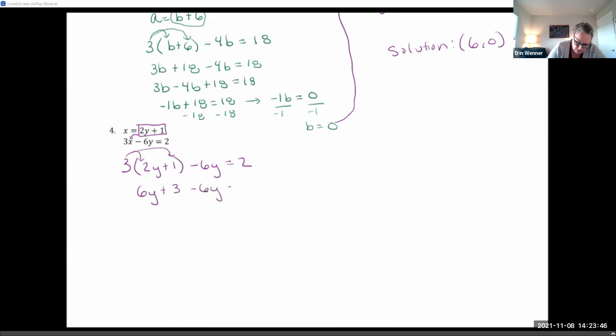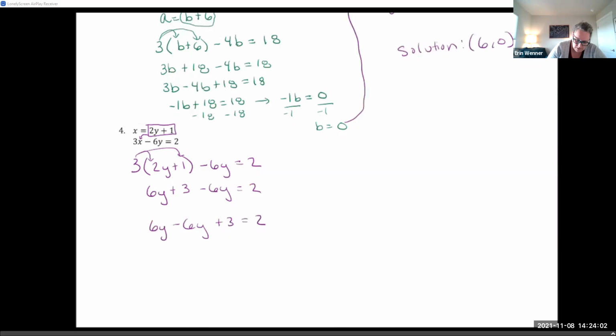Minus 6y equals 2. Now you can kind of see where we're leading here, right? Because I've got 6y minus 6y plus 3 equals 2. 6y minus 6y is 0y, which just means the y's drop out, leaving us with a statement that 3 equals 2. And that is not true, right? This is a contradiction.